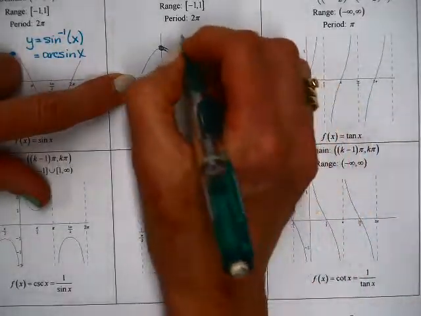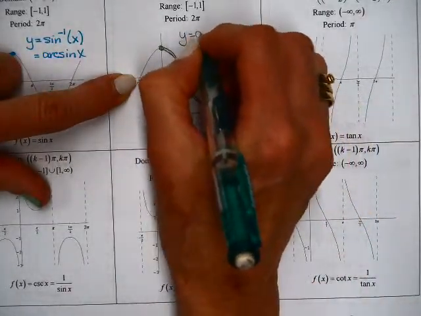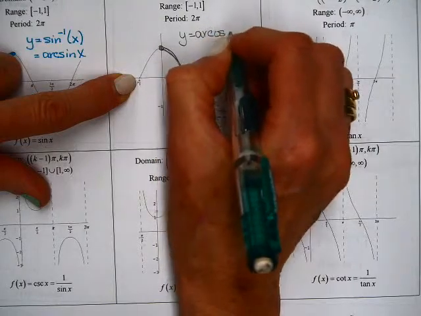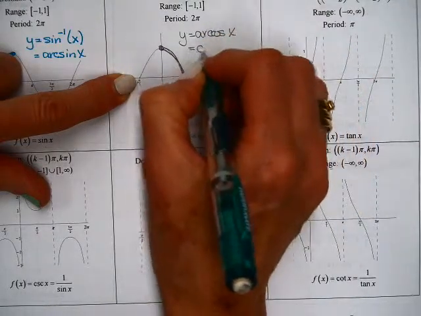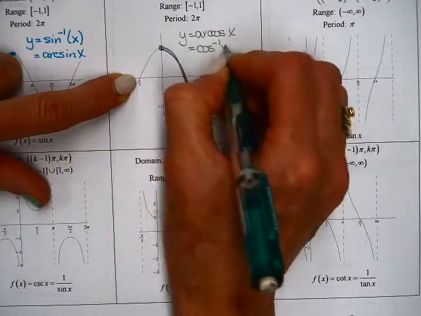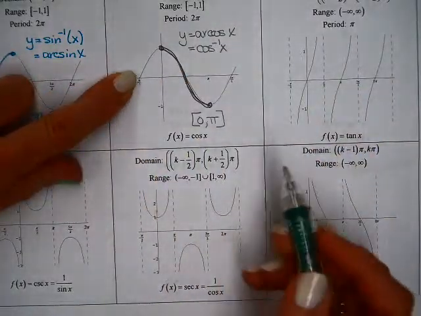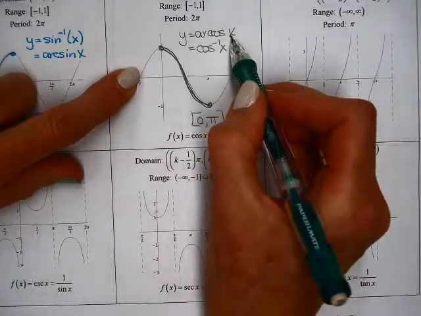And that piece has got an inverse. It is called the arc cosine of x, or you can write it as cosine with a negative 1. That is your notation for the inverse cosine.